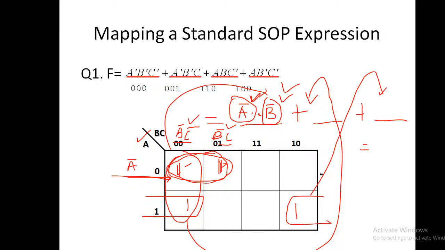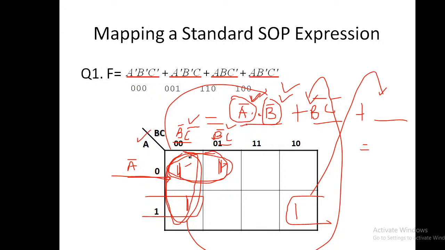Now see, what is the thing here? What will you be getting here for this pair? What is the common part? The common part is B bar C bar, and these ones are placed in two different rows, right?